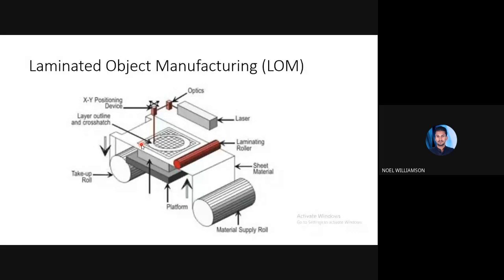Based on the CAD data, the system uses the laser. First of all, from the material supply roller, the adhesive coated paper is fed to the machining area, then it will stop.